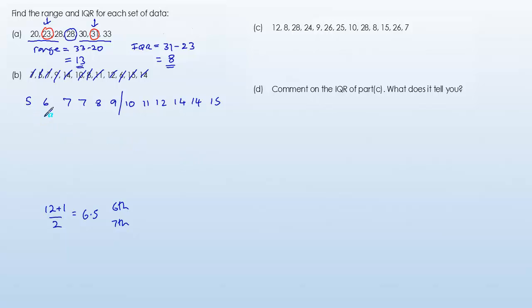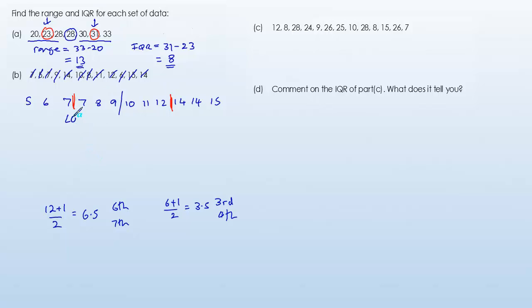And note we get a sublist below the median with 6 values in it, 6 values above the median. So 6 plus 1 divided by 2 gives us 3.5. That means between the 3rd and 4th pieces of data. 1, 2, 3, lower quartile is in this gap. 1, 2, 3, the upper quartile, sorry, is in this gap.